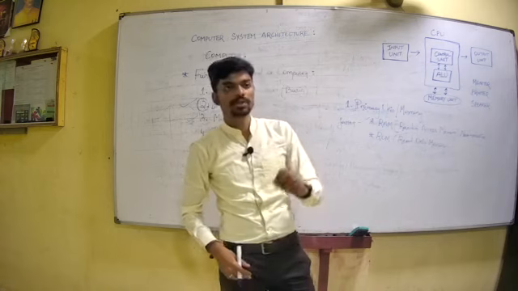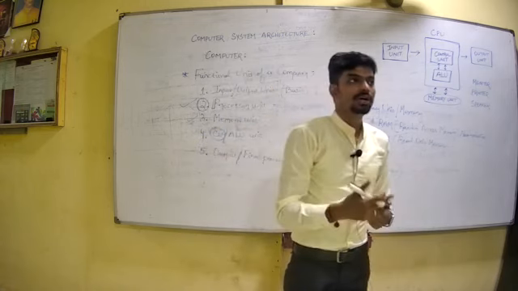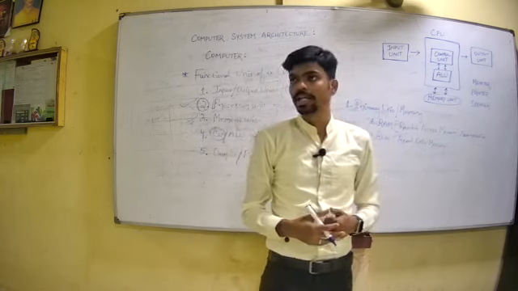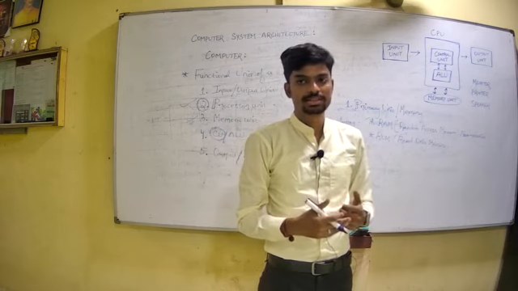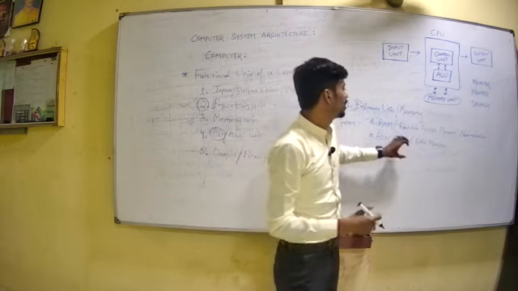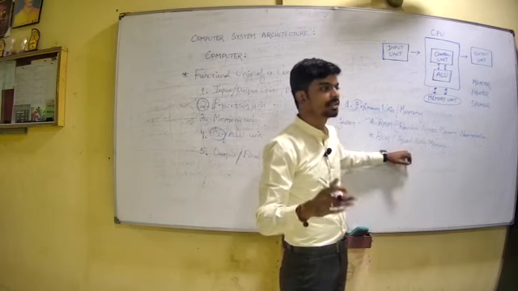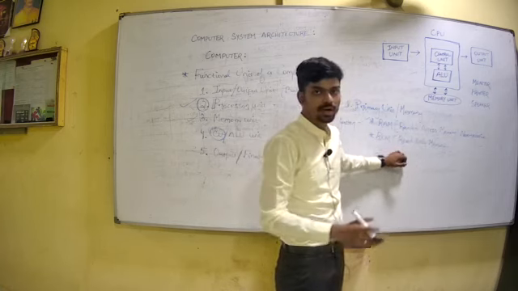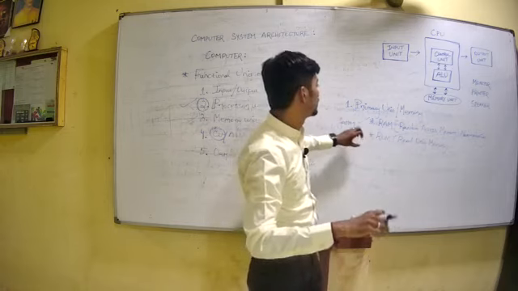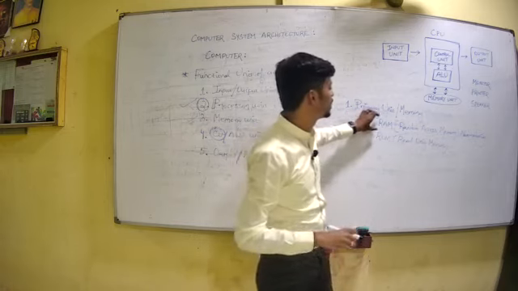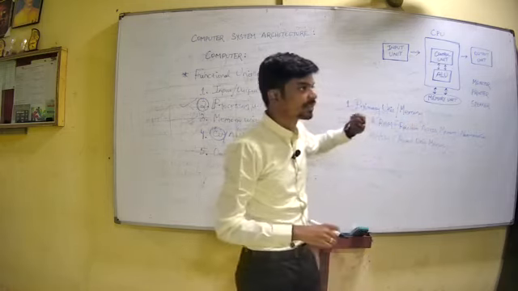Non-volatile means, in simple words, when we are working in the computer, if power cuts, then what we are doing with the computer, the data or instruction will be lost or deleted. That one part is the disadvantage of RAM.